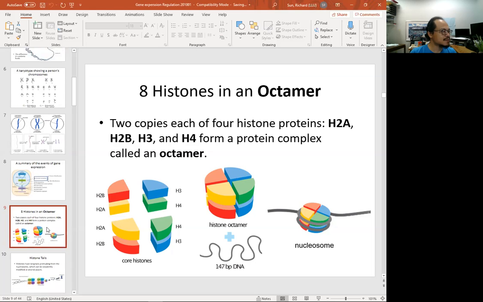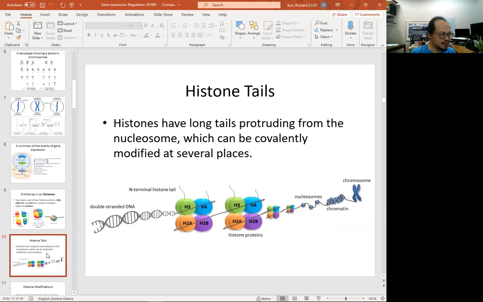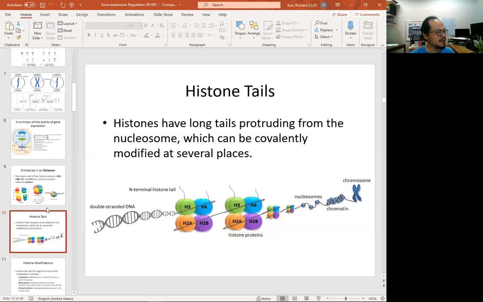Another thing about the histone is that it contains tails. This is another picture showing DNA wrapped on histones as nucleosomes, forming chromatin fibers and then the chromosome. The histone protein has a tail, and this tail extends out.